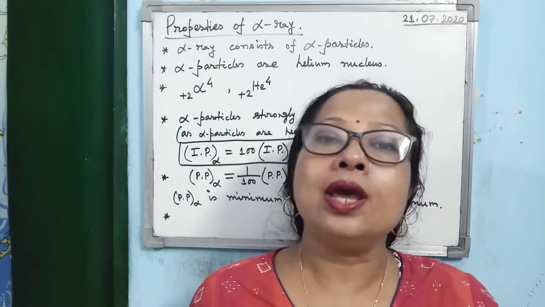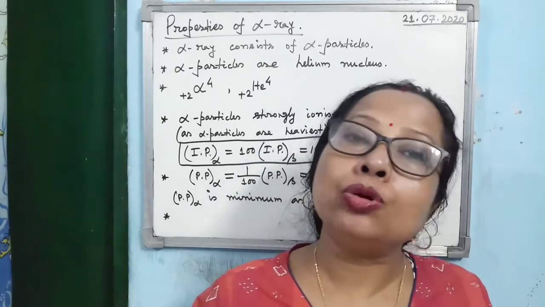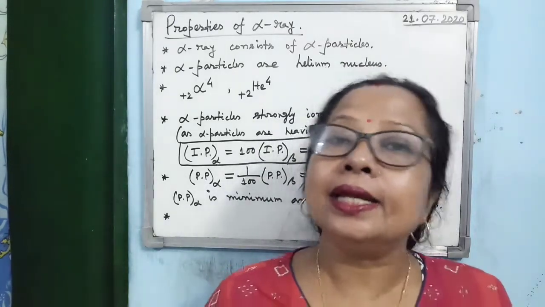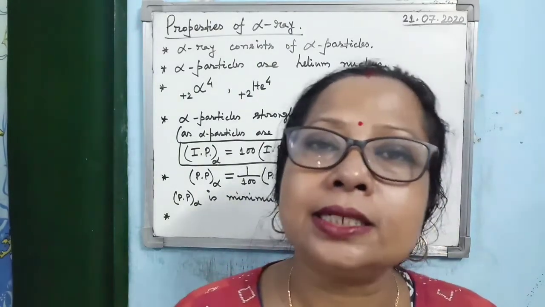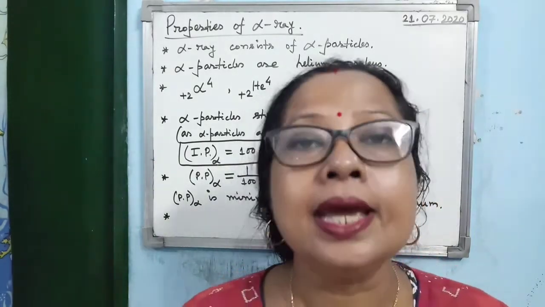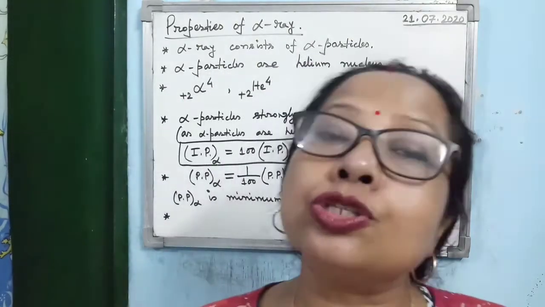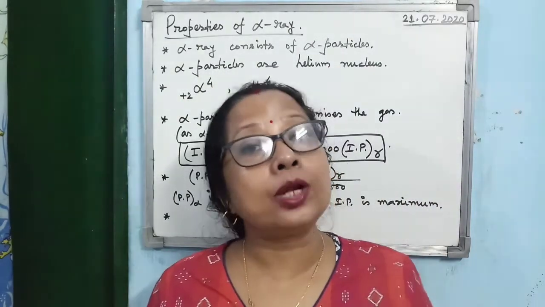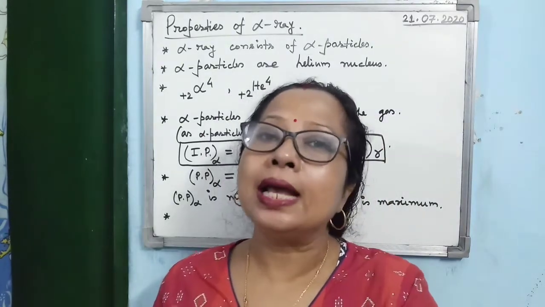So this way, when it ionizes more and more, it will lose all of its energy during the ionization process. And when it loses all of its energy, it will not be able to move. So if it cannot move, it will not be able to penetrate inside the medium. So this is the concept that when ionization power is more, penetrating power is less.